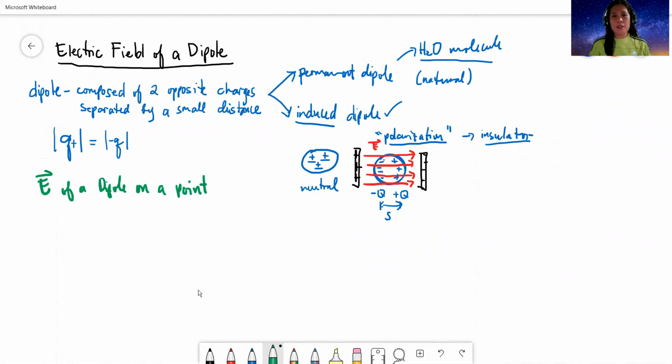In other words, whatever equation that we will be arriving at, remember that you can only use this for this case only, where the point of evaluation is along the axis of your dipole. So, electric field of a dipole on a point along the axis of a dipole.